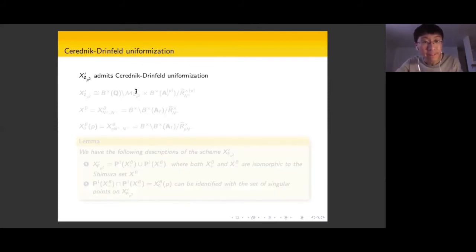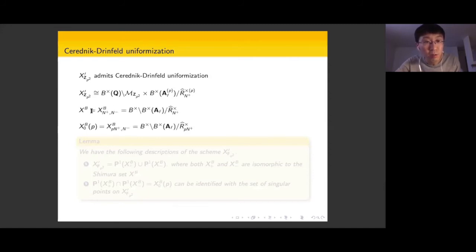Okay, and this Shimura curve at P admits the so-called Cerednik-Drinfeld uniformization. What this means is that the formal completion of this integral model of the Shimura curve along the special fiber admits a double coset uniformization. Here, this M is the Drinfeld upper half plane.